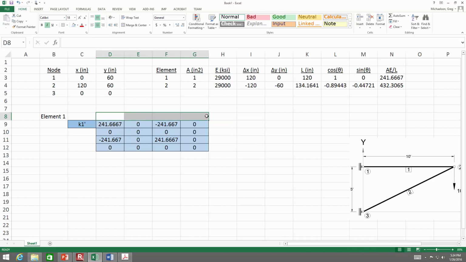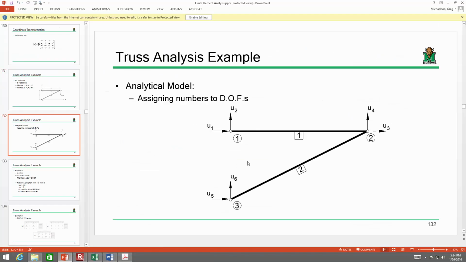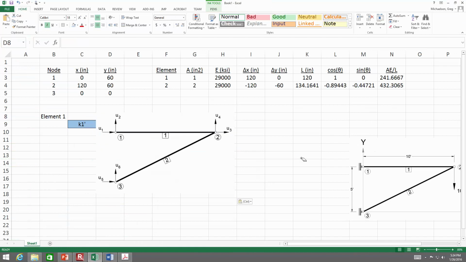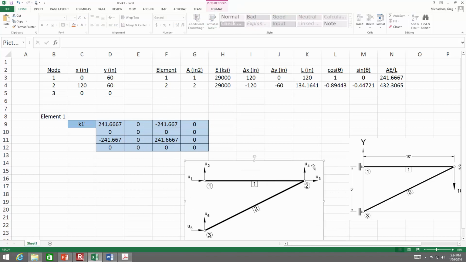Now, help me out. Member number 1. What are my codes going to be associated with this element? 1, 2, 3, and 4, right? Now, how am I getting that? Again, I'm going off of this. Remember, we are looking at that first bar.